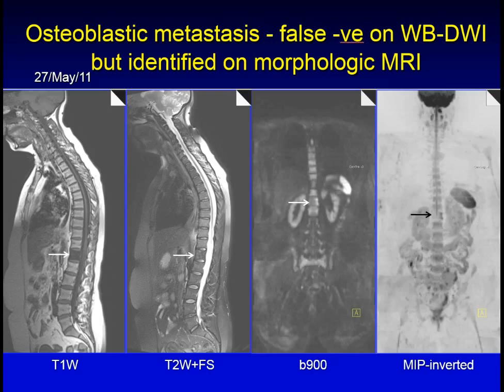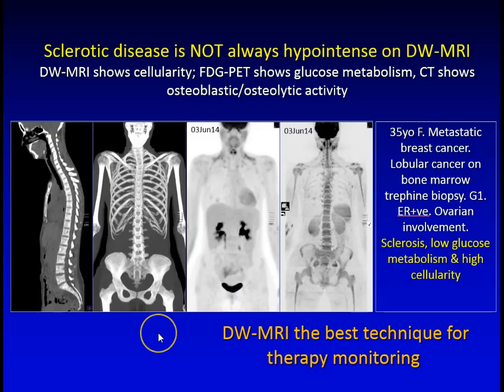So here's an important lesson to learn, that whole body MRI scans should be combined with morphological sequences to improve specificity.